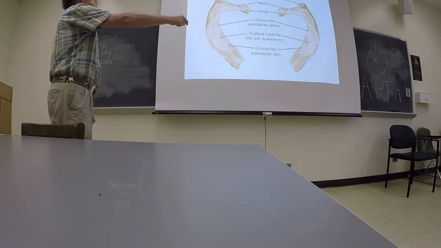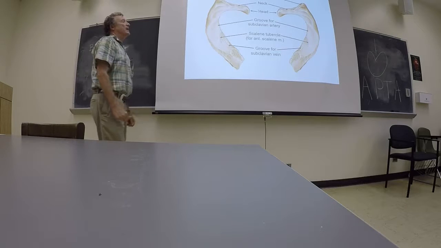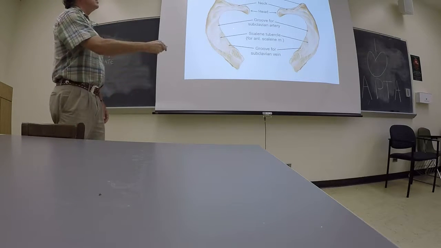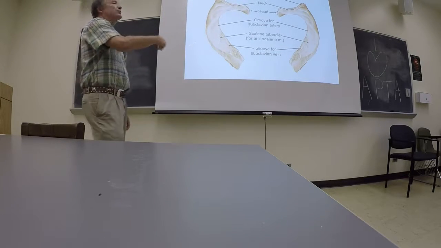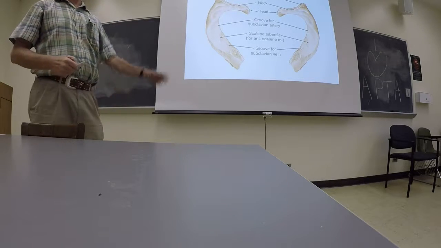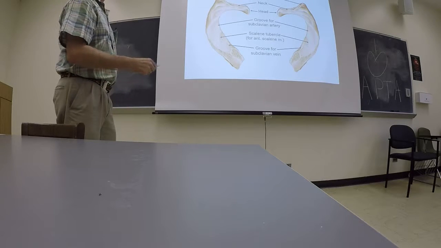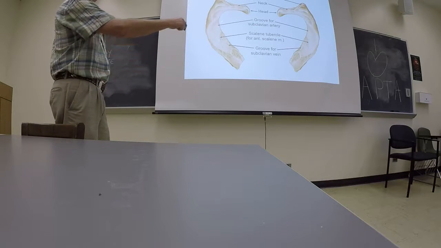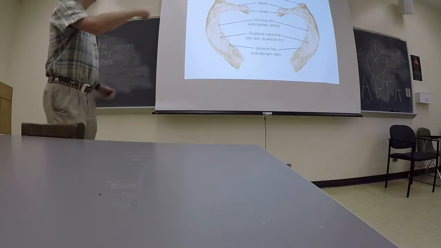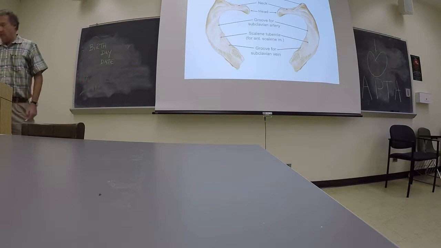You remember these subclavian arteries and veins are coming out of the thorax, going over the top of the first rib, and at that point they change their name to become axillaries. As they pass over the first rib, they leave a depression that you can actually see on a dry bone.